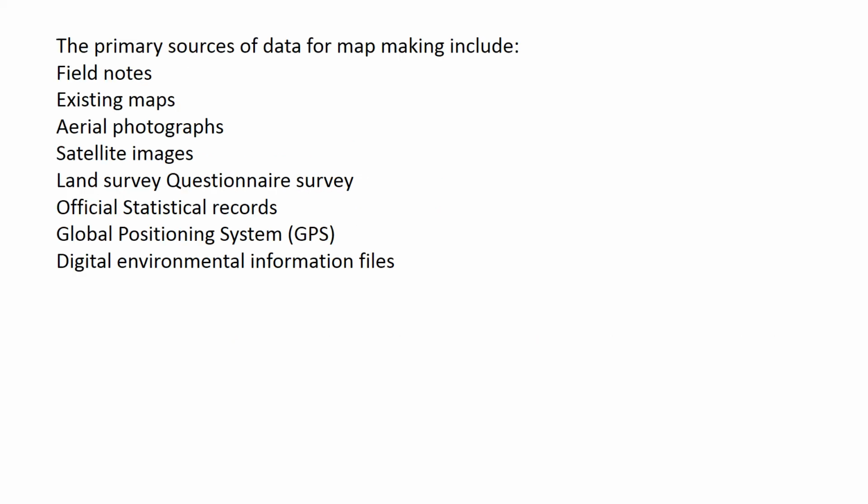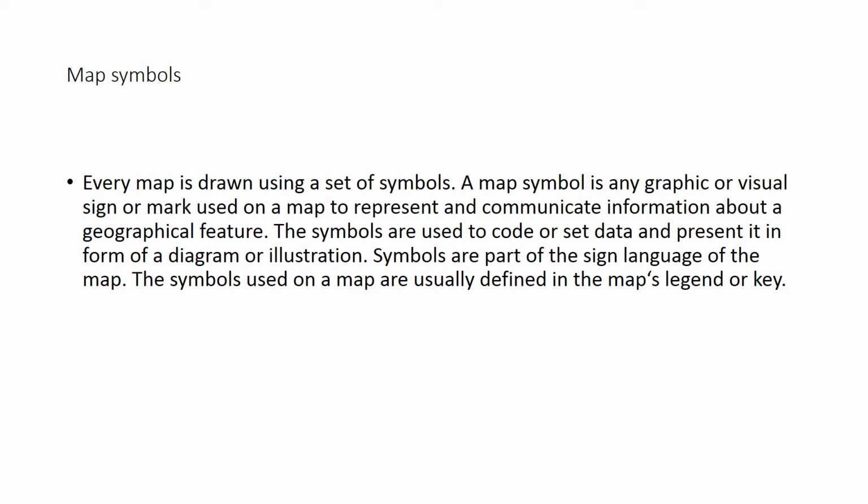And that is secondary data. Field notes are good examples of primary data. If we have satellite images, aerial photographs, GPS, global positioning system data, we can use them as primary data in terms of the interpretation that we derive therefrom.